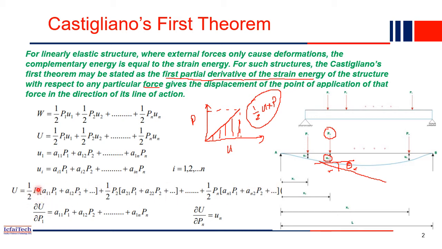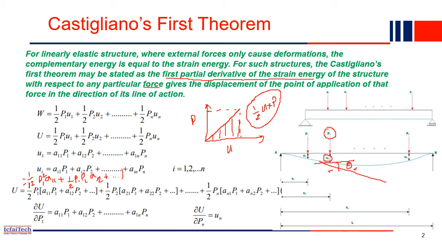Half into P1 A11, if you just multiply both, what will you get? Half into P1 square A11. Now we are differentiating P1 square with respect to P1. Let me do it here, only this portion. Half into P1 square A11, plus half into P1 P2 A12, plus so on.